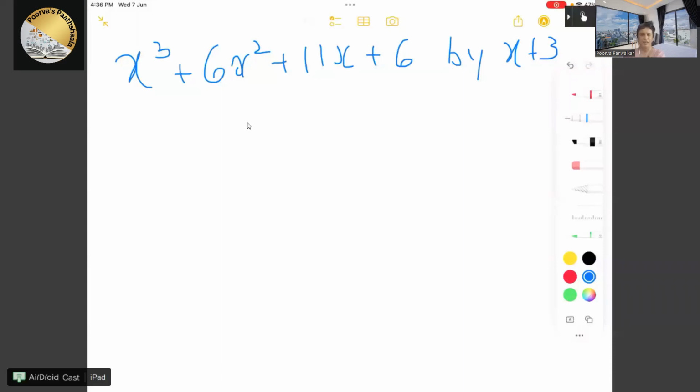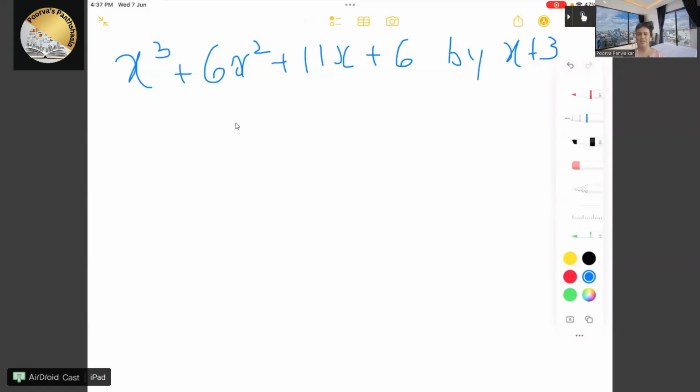So here is my sum, which is x cubed plus 6x squared plus 11x plus 6 divided by x plus 3. Now you all must be wondering that this is such a big polynomial of the third order. She's telling it's simple, it's easy, blah, blah, blah. Hold on. Now, I will explain it step by step, and I'm sure if you do it with me, you also will be able to do it right away in a matter of few seconds.